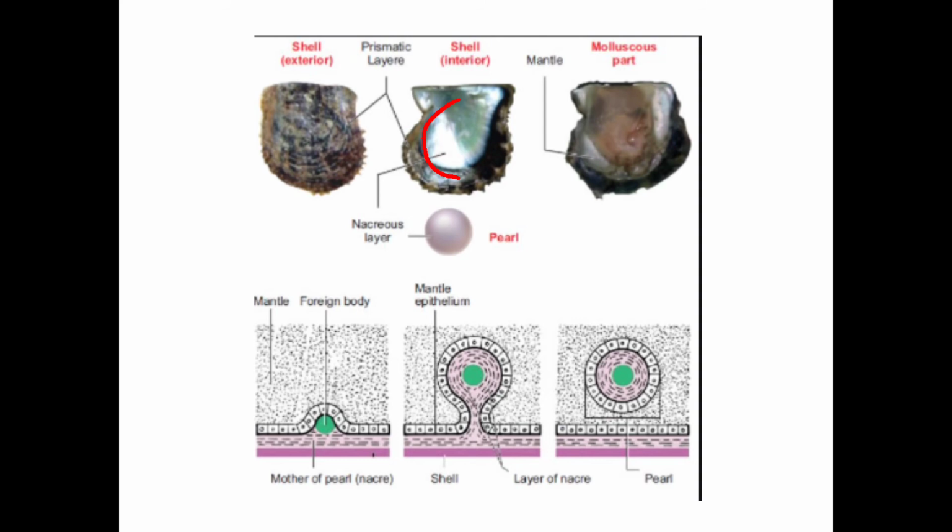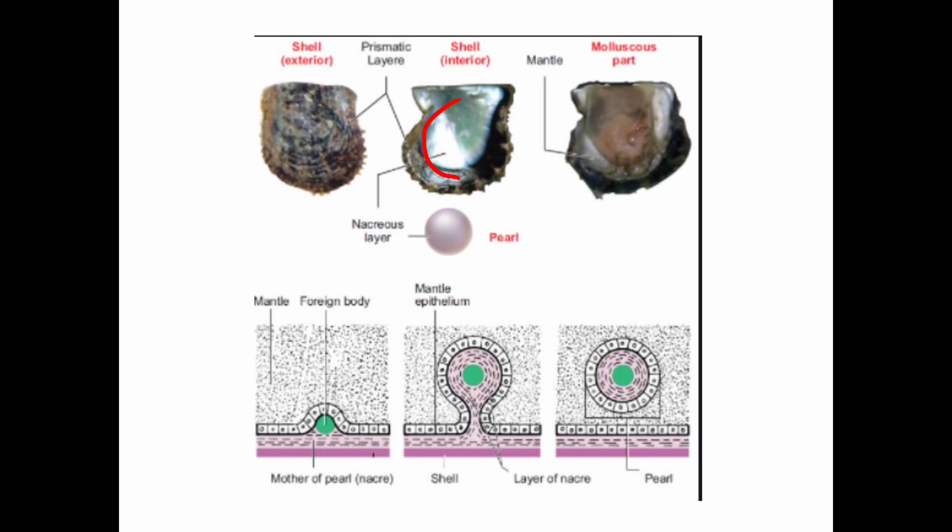It is a natural phenomenon. That means the mantle epithelium grows to enclose the sac. If the foreign body like sand, silt particle, microbe, parasite, or a small planktonic organism causes some irritation, the mantle epithelium grows over to enclose the sac.